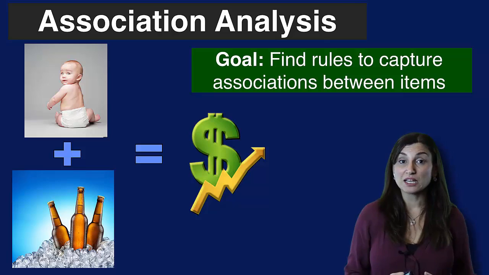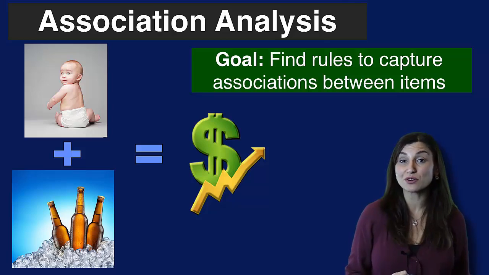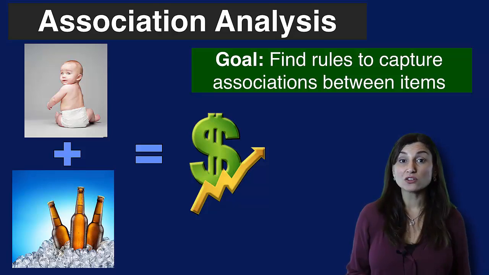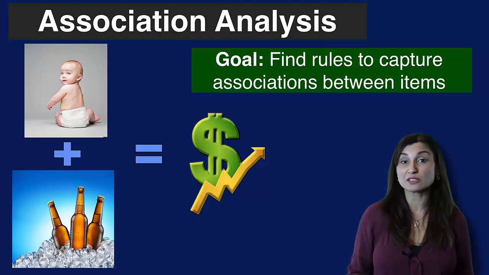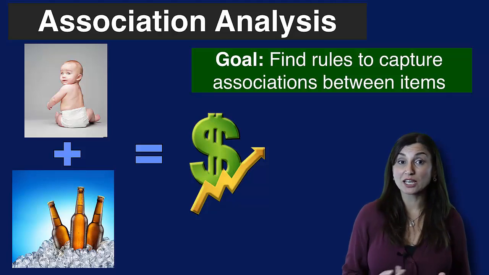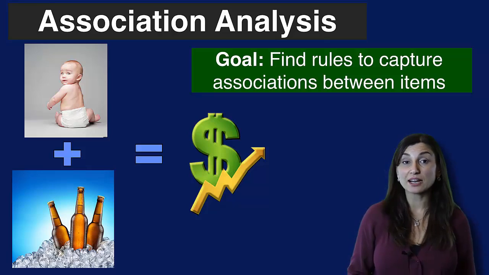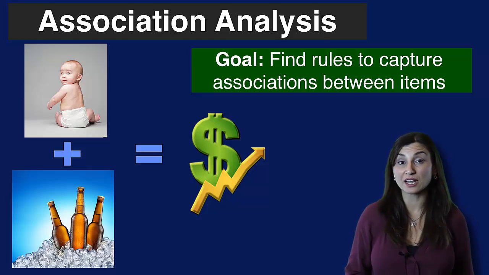For example, association analysis can reveal that banking customers who have certificate of deposit accounts, shortly CDs, also tend to be interested in other investment vehicles such as money market accounts. This information can be used for cross-selling. If you advertise money market accounts to your customers with CDs, they are likely to open such an account.